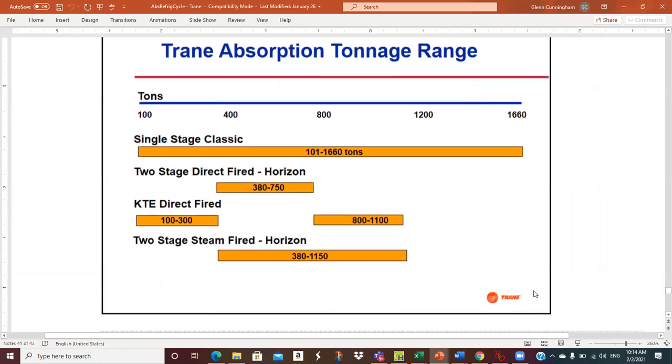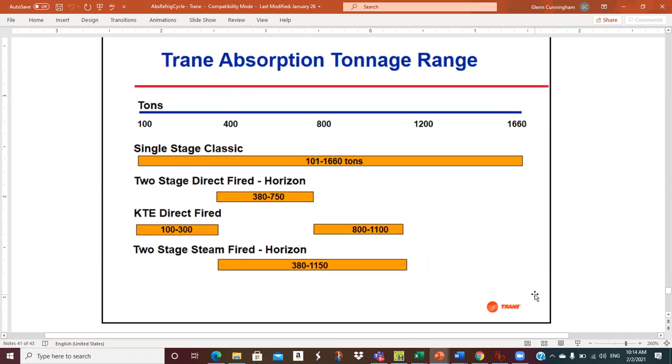Okay, so this shows for the Trane product range what tonnages are available. So we see the single stage classic, the oldie but the goodie, except for the 0.65 COP. It says 101; I wonder if that's a typo.